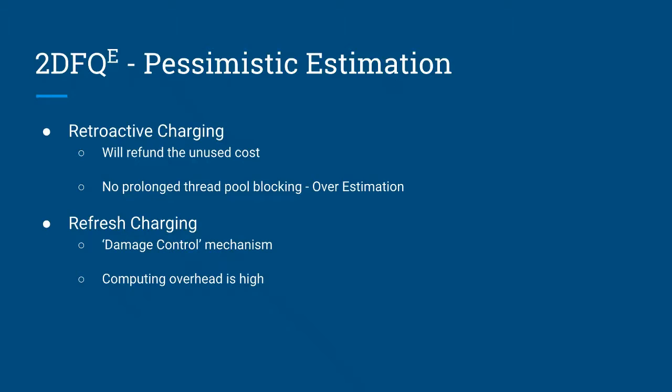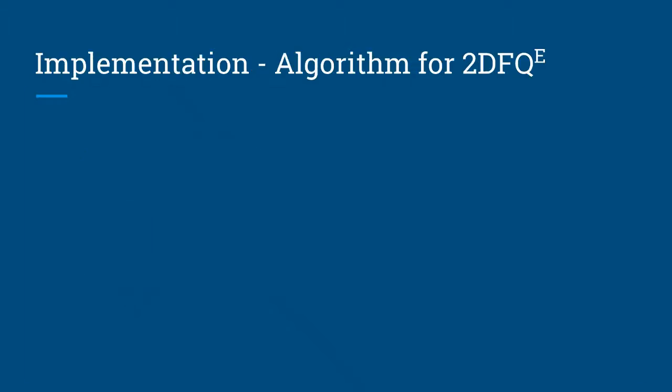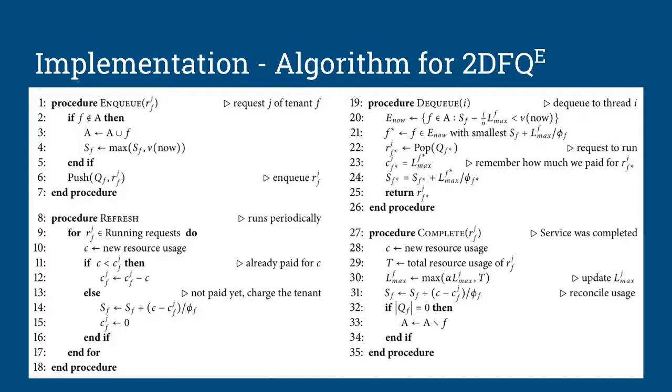It short-circuits the typical cost estimation feedback loop. The computational overhead of measuring resource consumption is non-negligible, so there must be a balance between frequent measurement and acceptable overheads. So this is about the pessimistic estimation in 2DFQE.